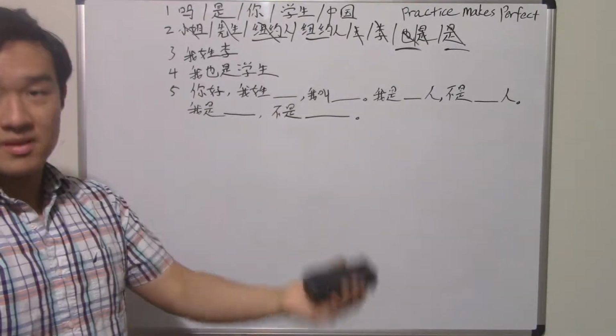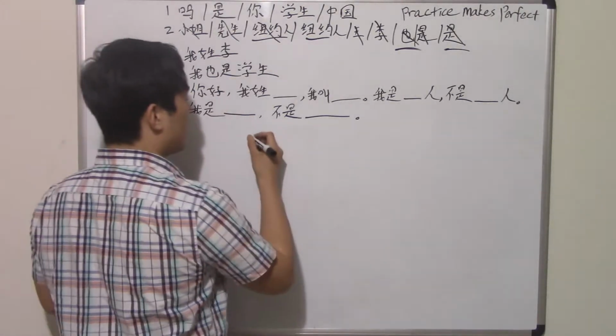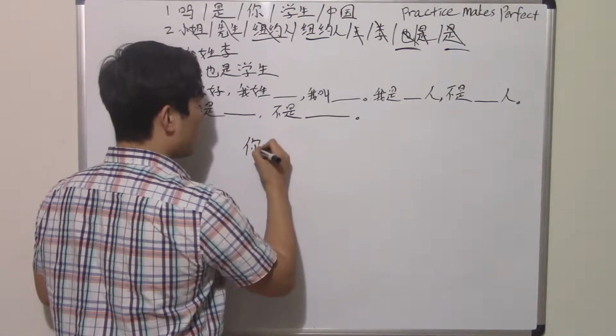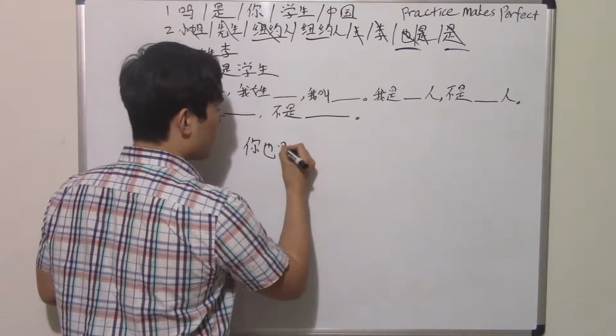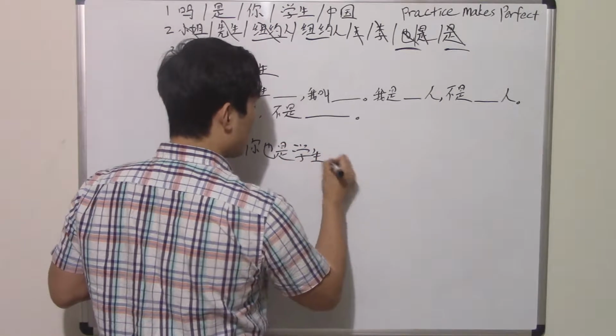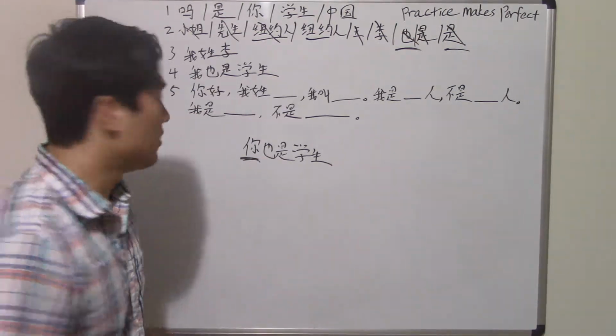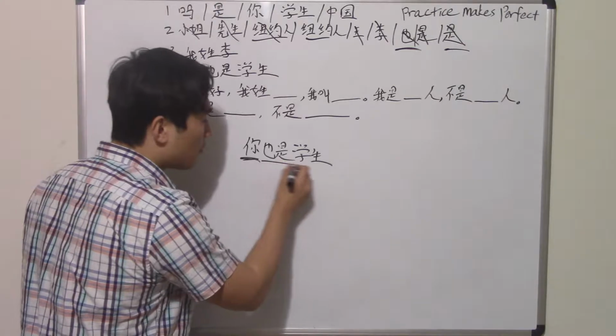To simply ask that question, all you do is change that 我 to 你. So 你也是学生. You change 我 to 你 because obviously if you ask a question, you say you, not I, right? So 你也是, so you are also a student.